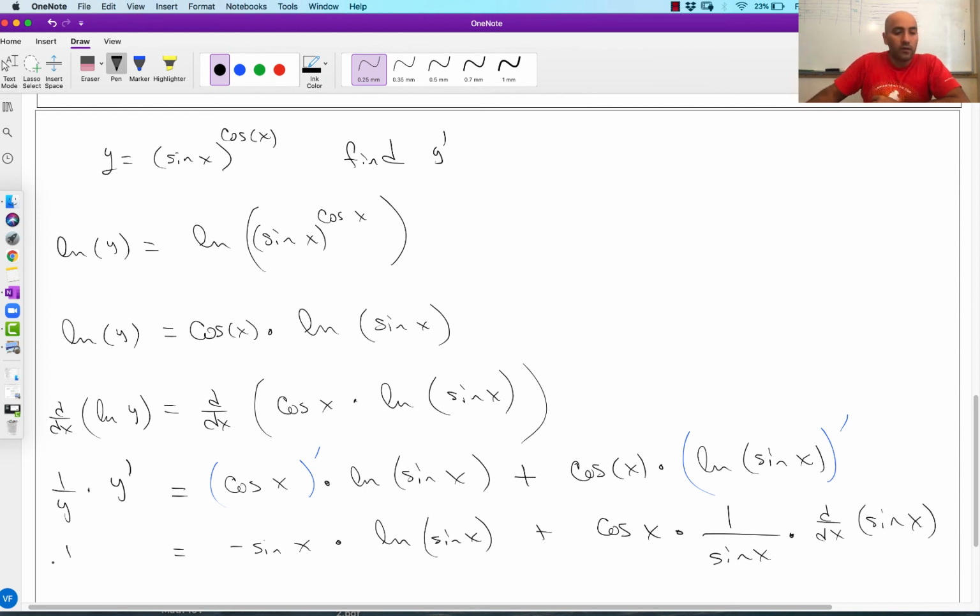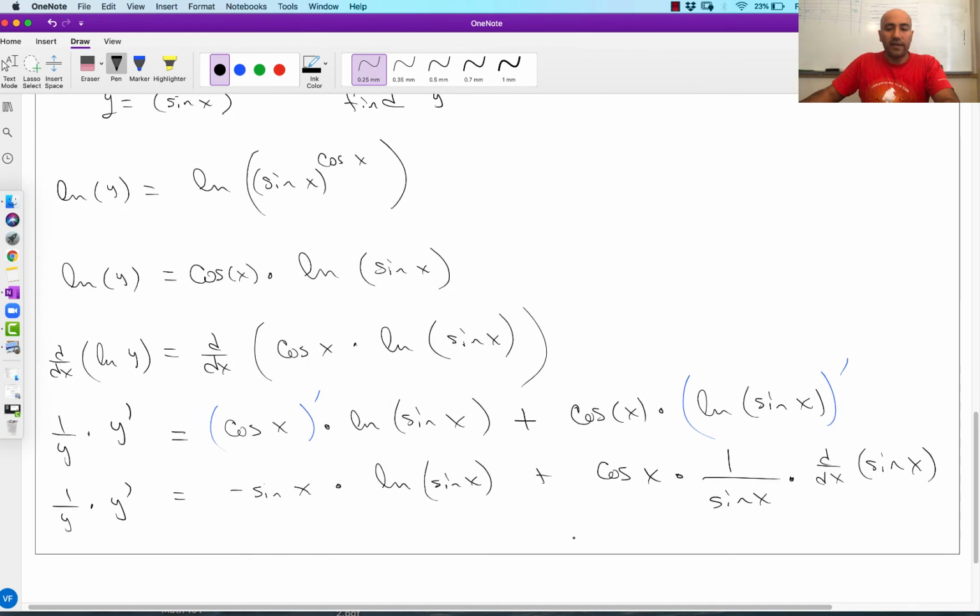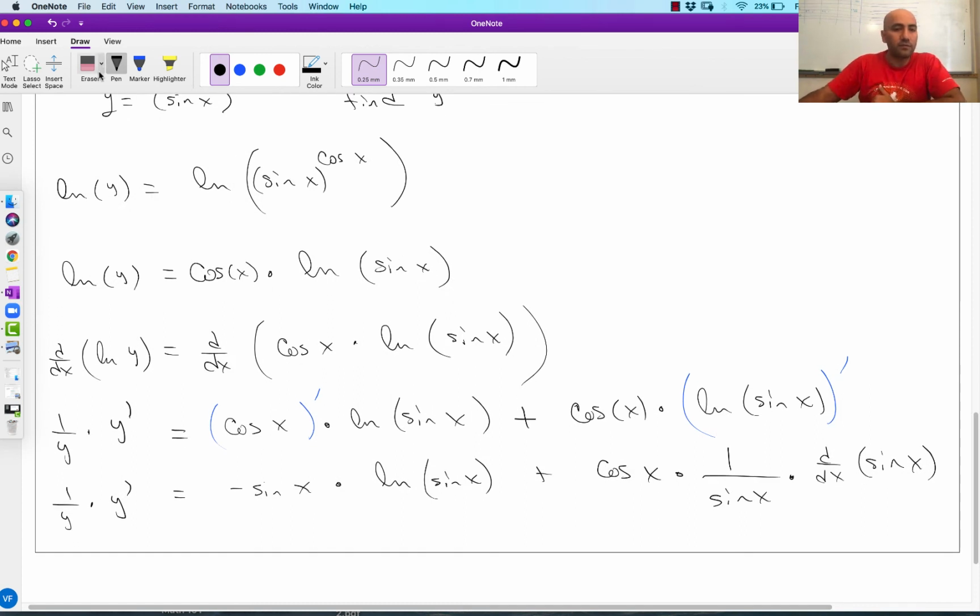We get 1 over y times y prime equals this mess, and the derivative of sine of x is equal to cosine of x.